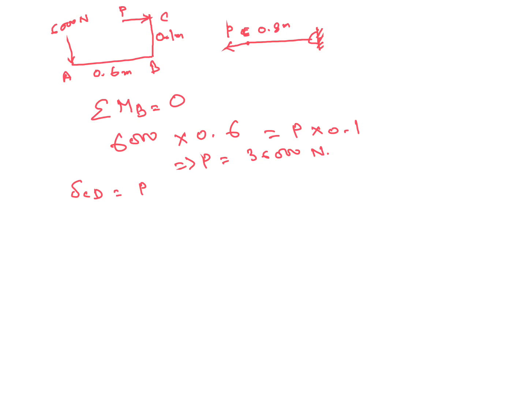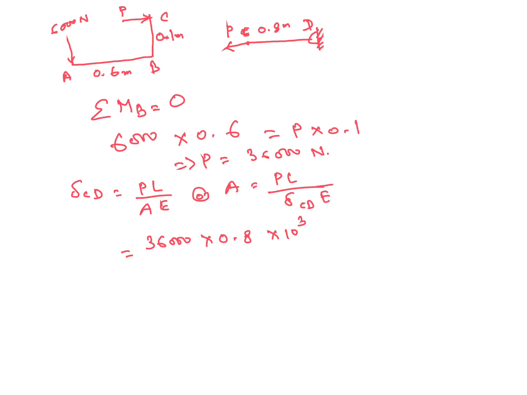And we know elongation delta equal to PL by AE, or A equal to PL by delta CD into E. We put the values: 36,000 into L is CD, 0.8 meter, you convert it in mm, and 70 gigapascal.